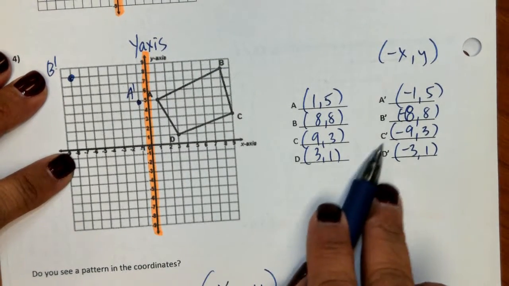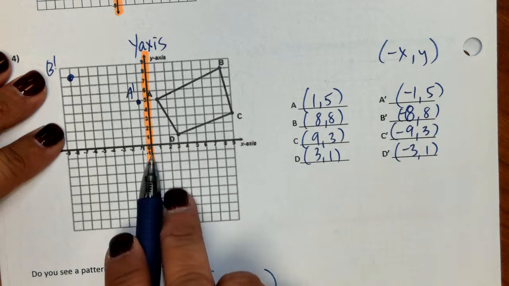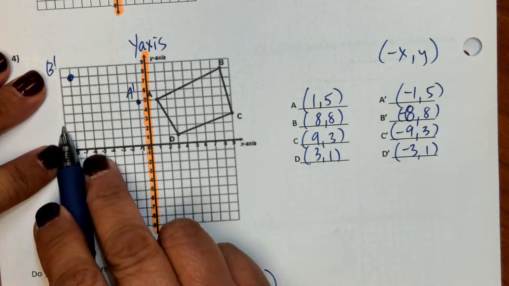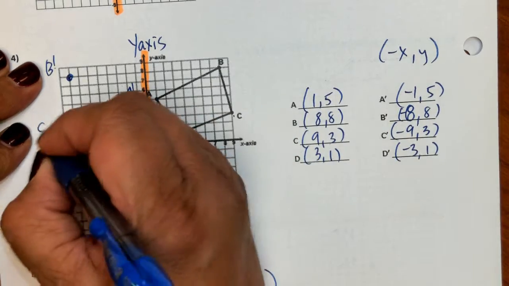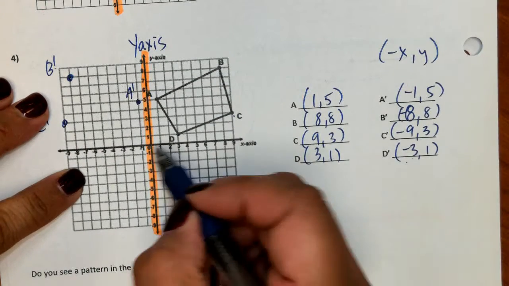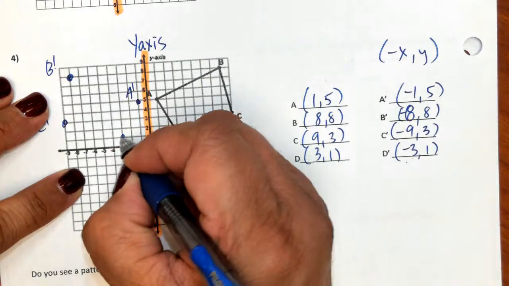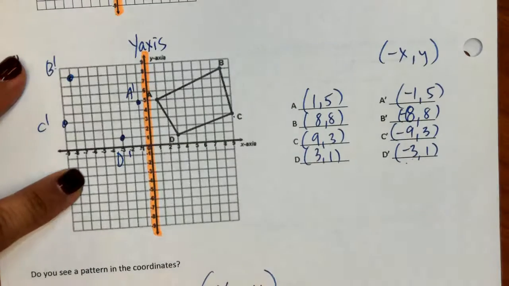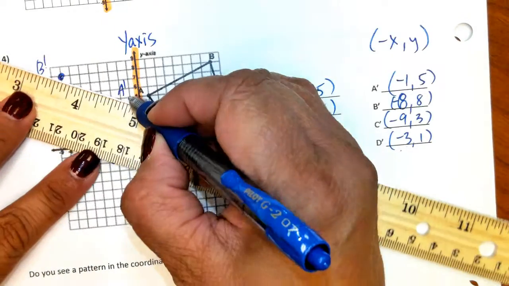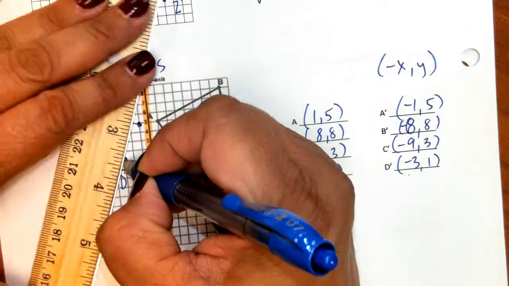And the D, let's do the C, -9 all the way to the end, up 3, I believe, without looking, because I'm going to shoot across here. And then right here, -3, +1, and voila, you got a perfect reflection, D prime. Okay, so get your little ruler out and connect some dots.